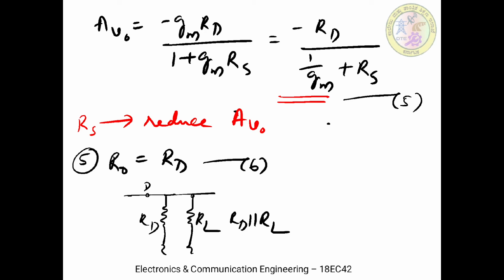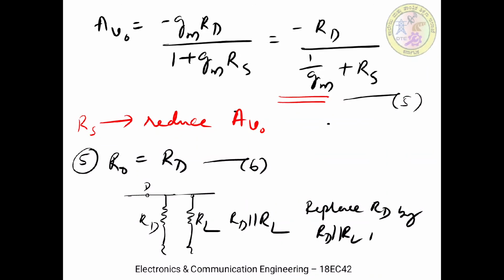In any of these equations we have to now replace Rd by Rd parallel to RL in the AV naught equation. By doing so, what we are going to get is the voltage gain AV.